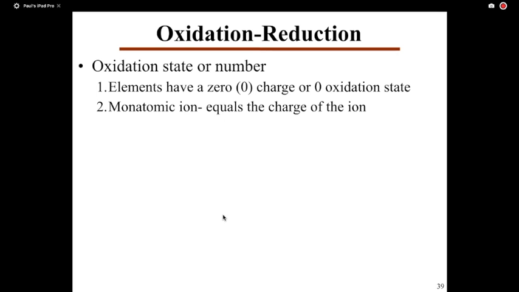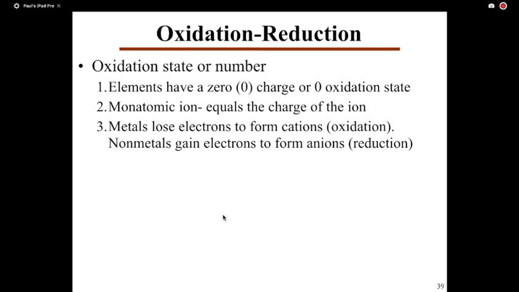Monoatomic ions equal their charge. Whatever the ion is, that is the oxidation state, just like I said. Chlorine is a minus 1, its oxidation state is minus 1. Metals tend to form cations. They are oxidized. Nonmetals tend to gain electrons. They are reduced.